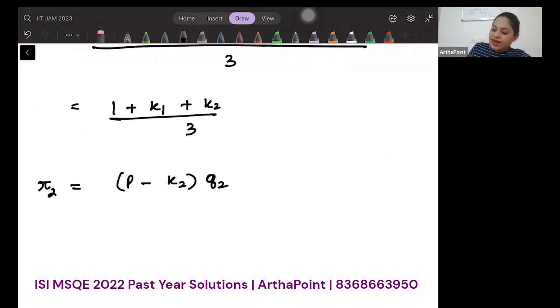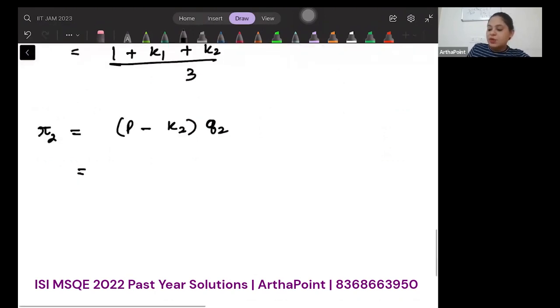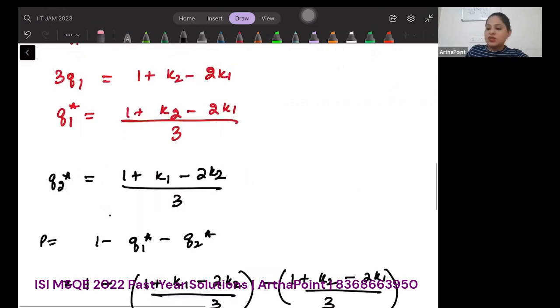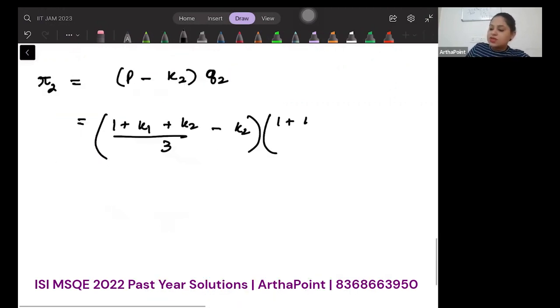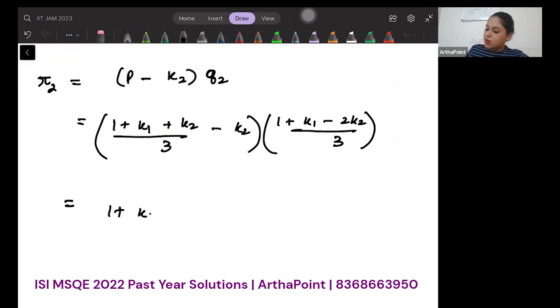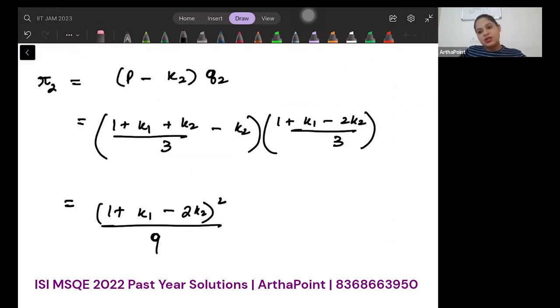Price I found out as (1 plus K1 plus K2) by 3 minus K2, and the quantity that I found out was (1 plus K1 minus 2K2) by 3. So if you solve this, it will be (1 plus K1 minus 2K2) whole square by 9. This will be your answer.